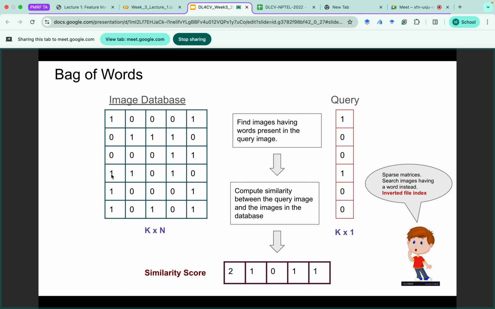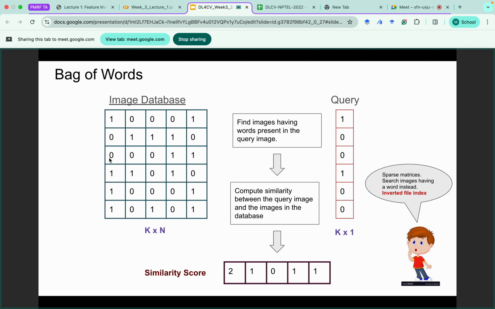So I have 100111, and in my second image I have only the second and fourth word in that image. So it is 010100. So based on what words exist, we have our bag of words representation, and this is what my query image looks like. That means it has the first and fourth word.